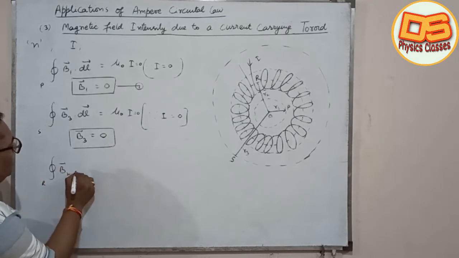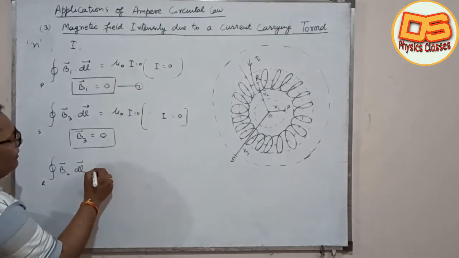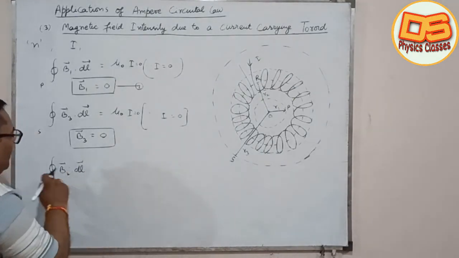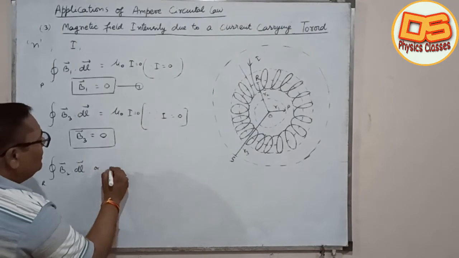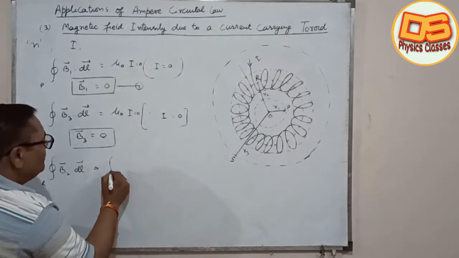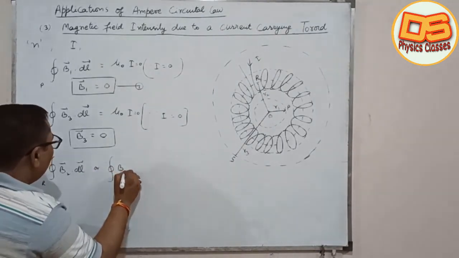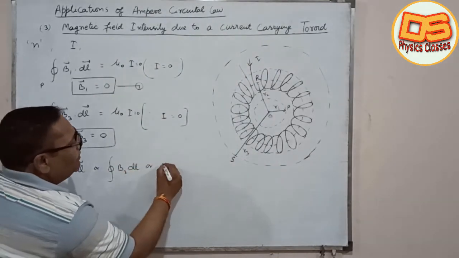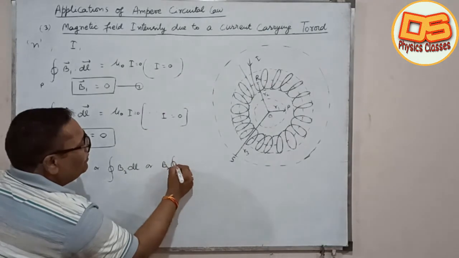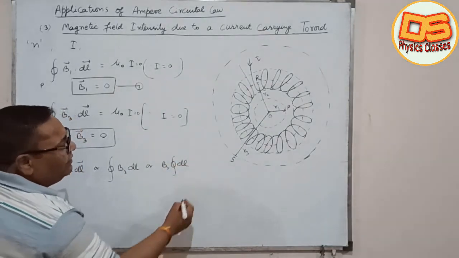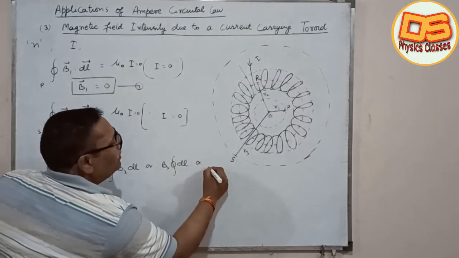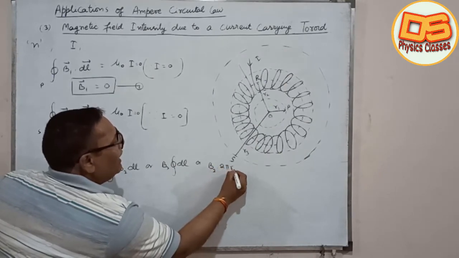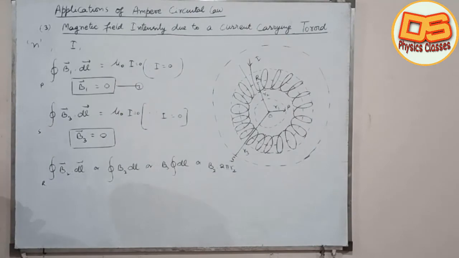Then for point R, B2 dot dl is equal to mu 0 I. So B2 dl becomes B2 into 2 pi R2. Clear?